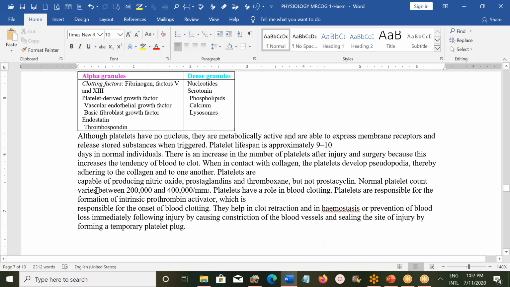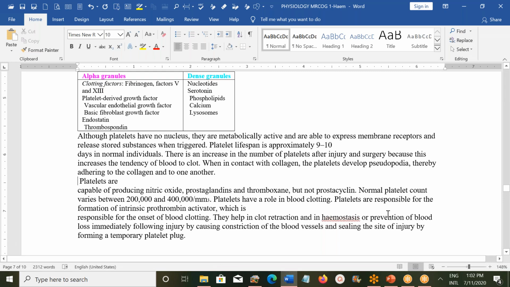Platelets are capable of producing nitric oxide, prostaglandin, and thromboxane, but they cannot produce prostacyclin. From where do we get the prostacyclin? When arachidonic acid in the cell membrane is metabolized, it gives rise to thromboxane and prostacyclin if we are following the cyclooxygenase pathway. The normal platelet count varies between 200,000 to 400,000.